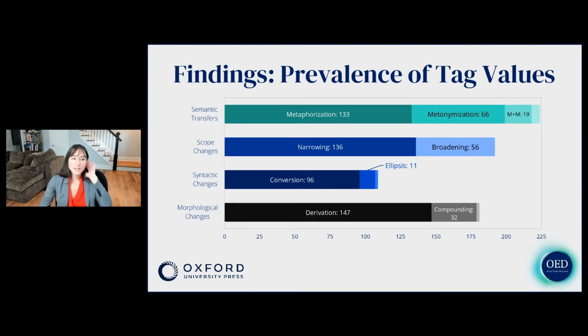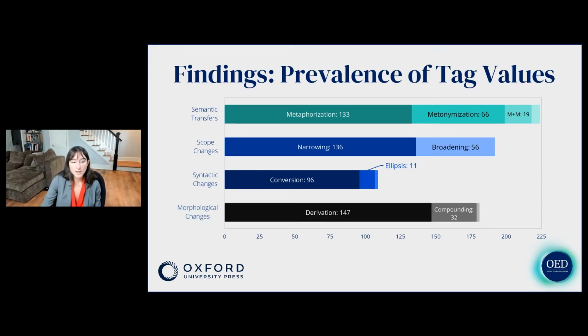So moving on to the findings, the prevalence of tag values. It's important to note that these are excluding that in many cases the senses did not undergo semantic transfer, scope change, et cetera, and that these are simply showing the tag values where one of these changes did occur, and there were many where, for example, only the scope changed and there was no semantic transfer.